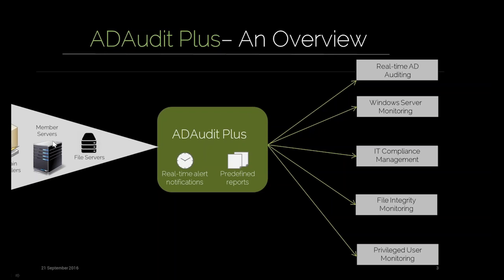In order to get the required information, not all the events will be read by ADAudit Plus, but there are a few reports in ADAudit Plus using which you can track the changes that happen on the organizational unit, changes on the custom attributes, the attributes that you have extended in your schema, or changes happening on the group policies.